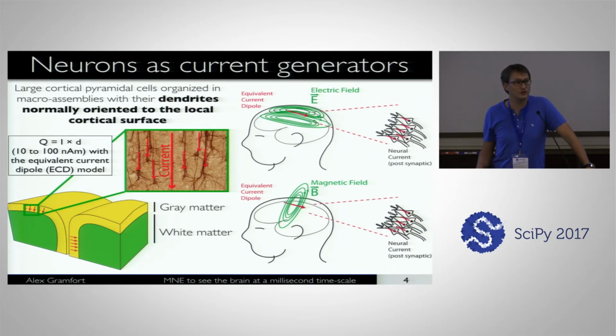So active neurons produce these differences of potential and magnetic changes. This is what we're going to be recording. The nice thing about this is that these can have very high sampling rates. So we typically work with time series on the order of 1 kilohertz or multiple kilohertz, which is very high resolution compared to other ways of imaging the brain.